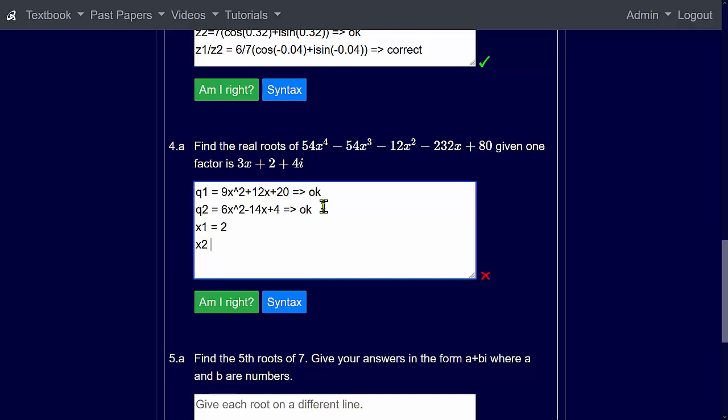So x2 is going to equal 0.33 recurring. Okay, you can check that, but I'm confident that's right. So are we right? Yes, we are. Good. Okay. So that's question 4.